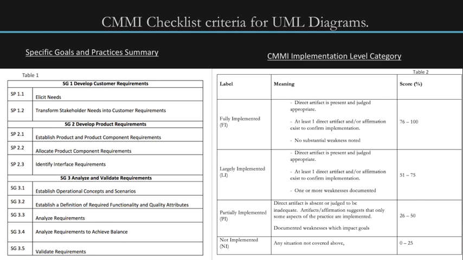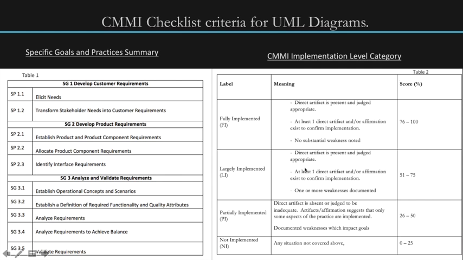So if we want to know whether our UML is fully implemented in the checklist, that is, we accurately identify all the criteria in the checklist, then we can say it's fully implemented, and the score ranges from 76 to 100.